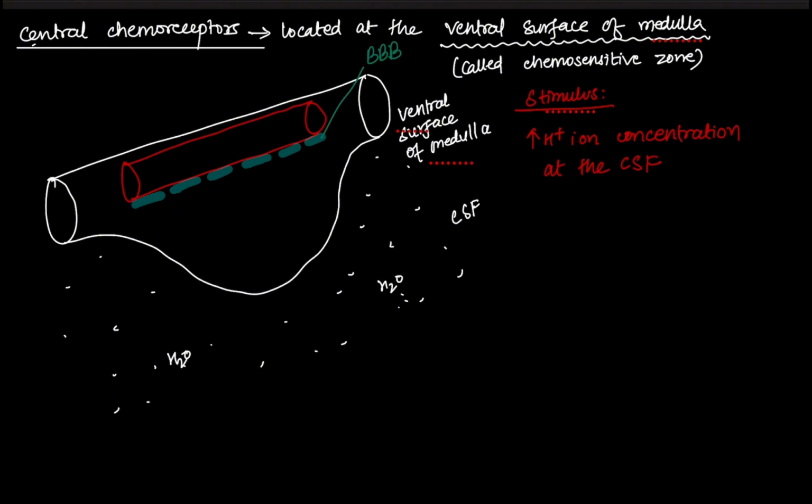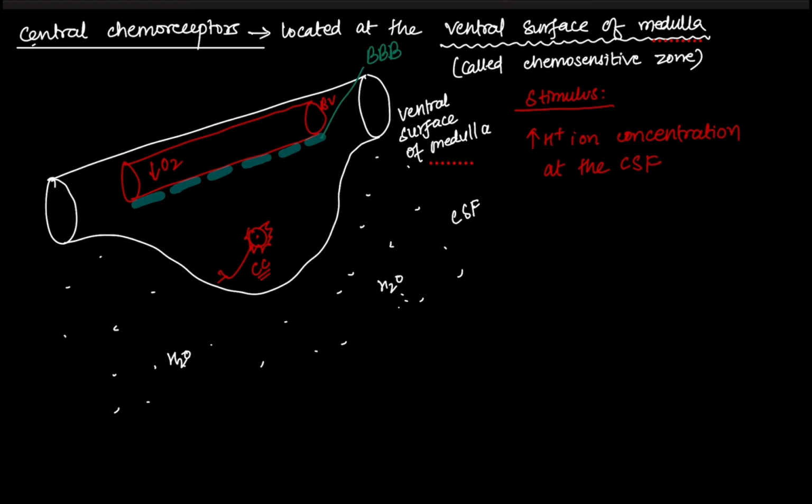This is very important, right? Now let us discuss how this is going to take place. For example, this is our blood vessel at the level of the ventral surface of medulla. Now what will happen if there is a decrease in oxygen concentration? Will it be able to stimulate the central chemoreceptors?